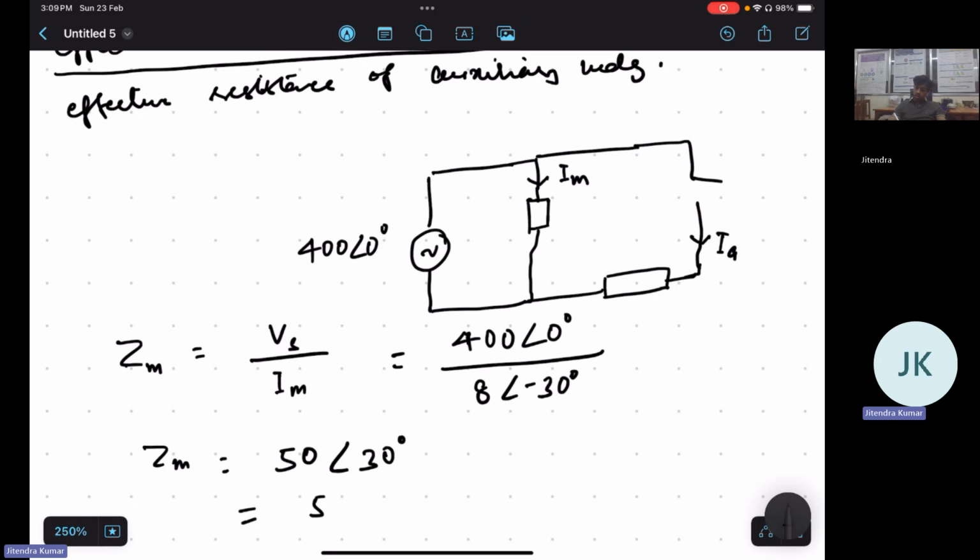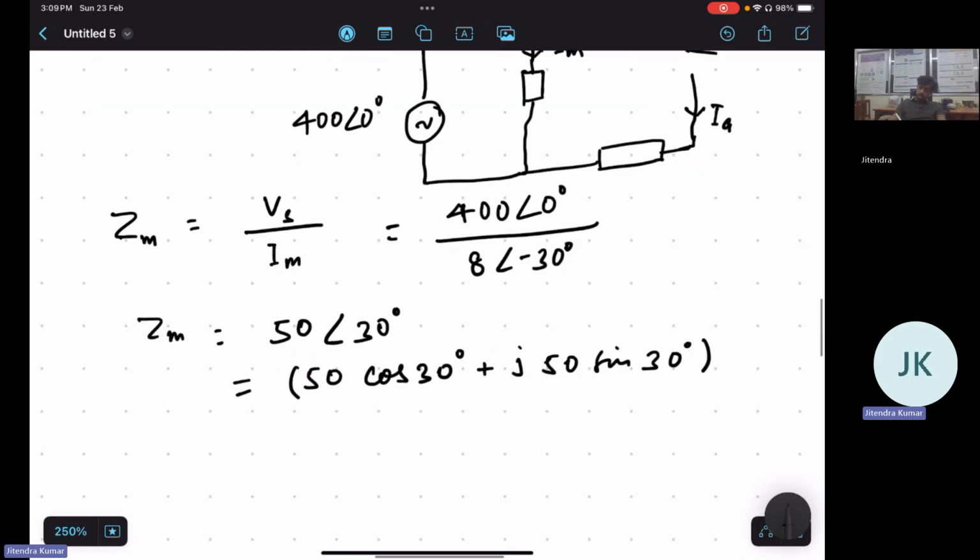So 50 cos 30 is the real component plus j 50 sin 30 is the imaginary component. Now we know it is written in the R plus jX format.